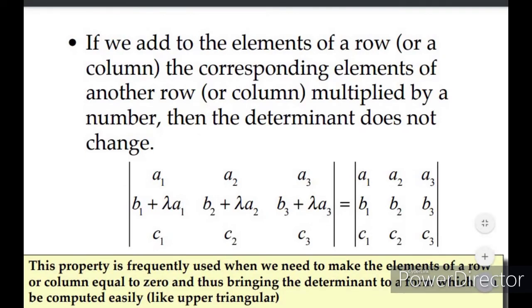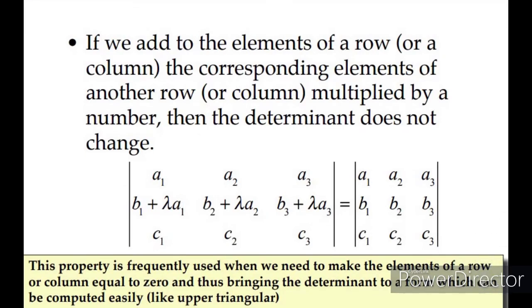So next property is this. If we add the elements of a row or a column to the corresponding elements of another row or column, after multiplying them by a number, then the determinant does not change. So in this example, you notice that the elements of the first row, which are a sub 1, a sub 2, a sub 3, are multiplied by a number, represented by the Greek letter lambda.